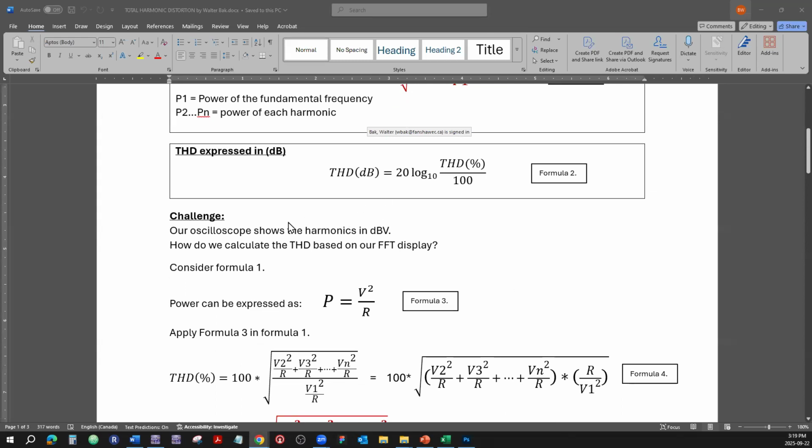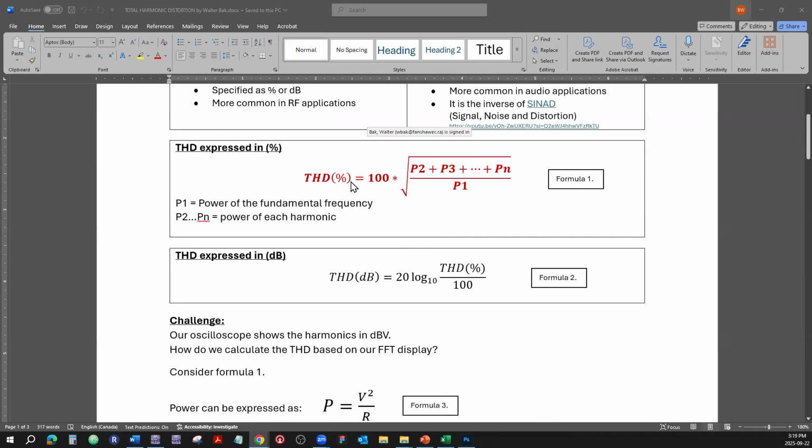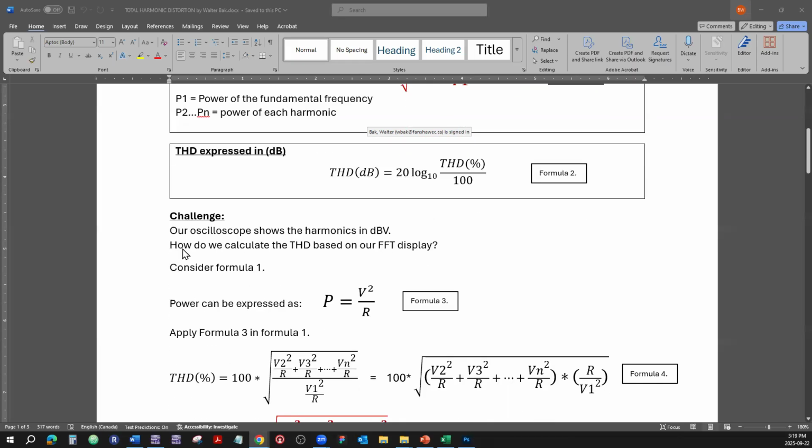Now, when we are dealing with our lab's oscilloscopes, here's the challenge that we are presented with, because we have those values given to us in dBV. So the formula shows power. What do we do? How do we calculate the THD based on the FFT display that we get, which is giving us the numbers in dBV?